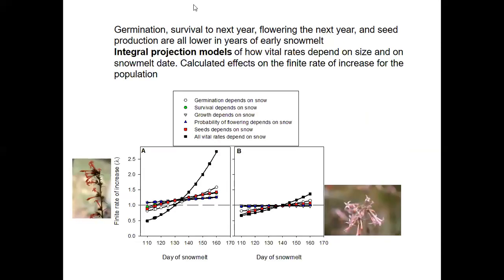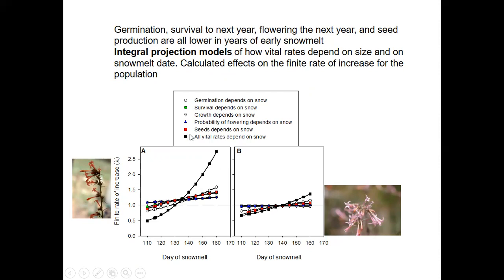And we can put all of those vital rates together and how they change with snowmelt into a model, an integral projection model, to look at what would happen to the finite rate of increase for the population. So here's the finite rate of increase versus day of snowmelt. Again, the dashed line at 1 indicating a stable population. This is a population that would be declining, population that's increasing.